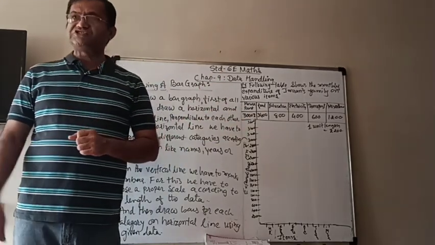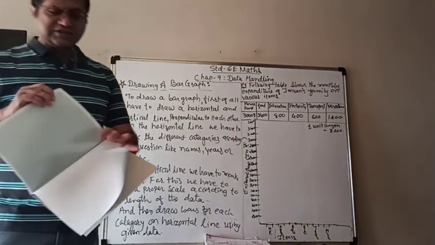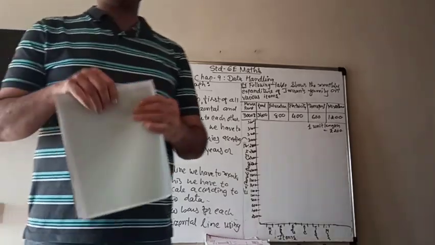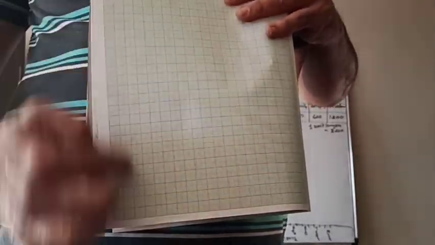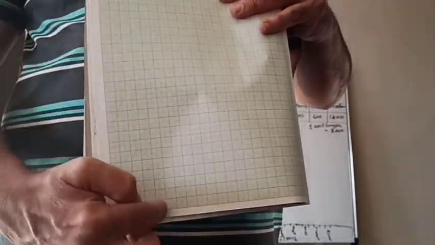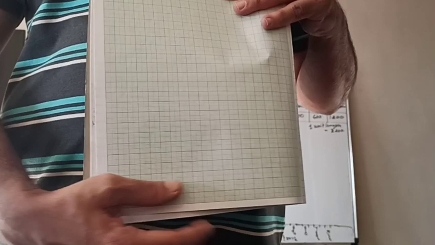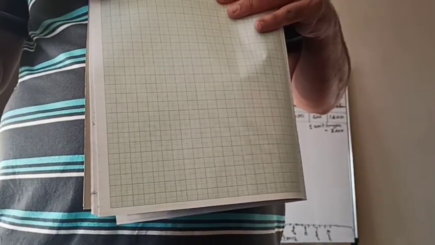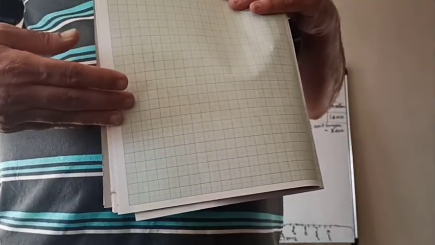You can see that here I have a graph paper, on which you can see the lines at exactly 1 centimeter, the darker lines, vertically also and horizontally also.